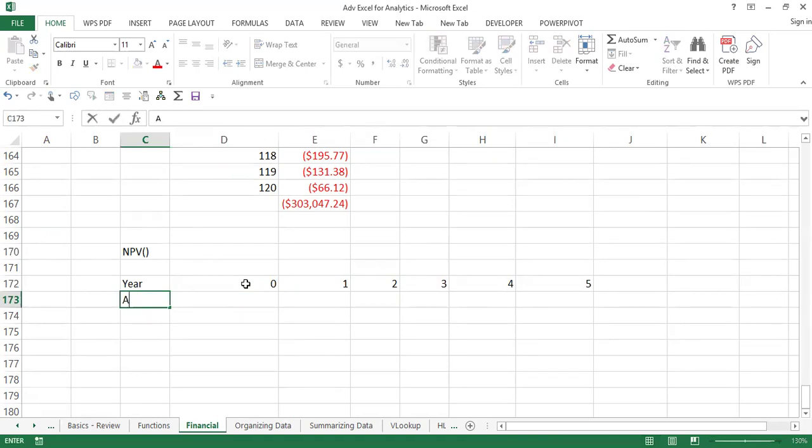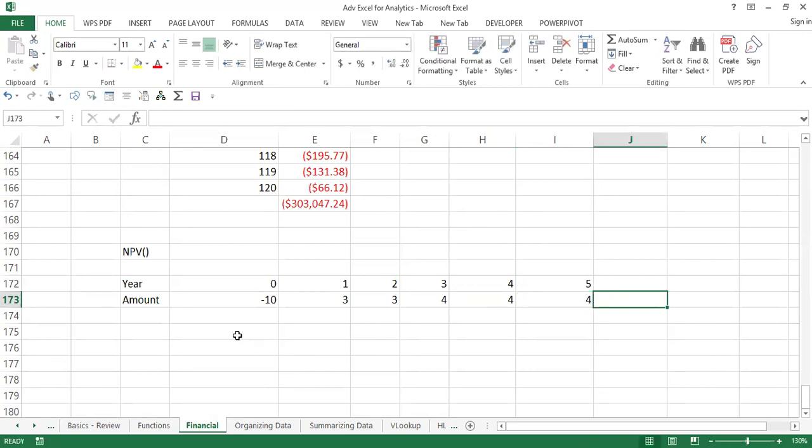Then the amount of the investment, the initial loan taken, let's say that's 10 million. That one will be negative, it's a loan, so it's minus. So the first year, assuming the return is 3 million, second year, 3 million, third year, 4 million, 4 million, 4 million. Do you think there's profit in this investment?